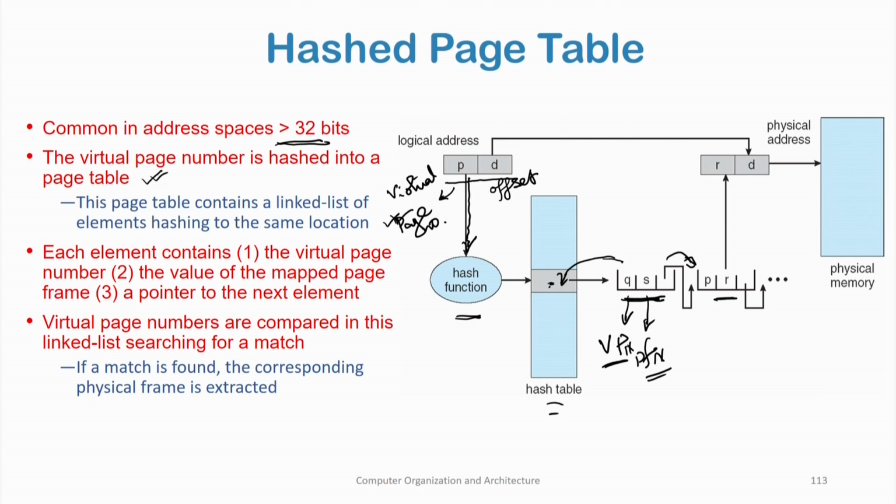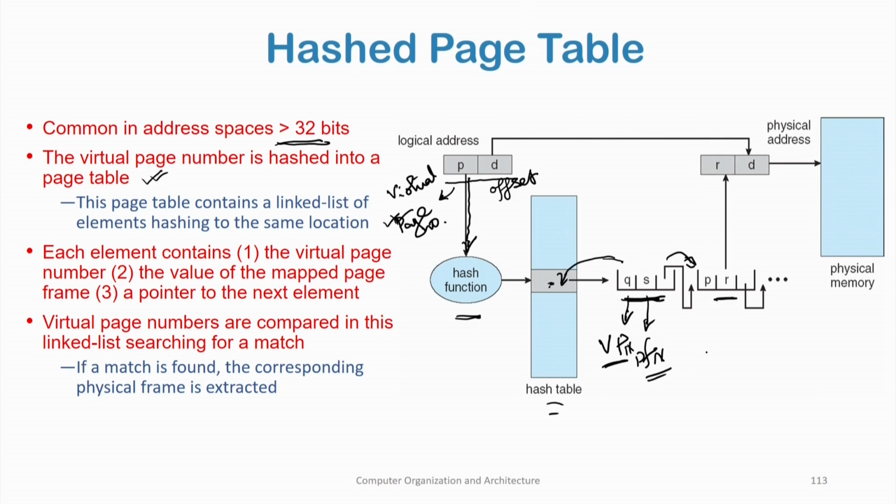Okay. So, what do we have here? I have hashed into this one with the page number, and then I match this virtual page number with the elements. So, when I have come to this location, I go to this linked list, and one by one I find out whether this virtual page number matches with the virtual page number here.